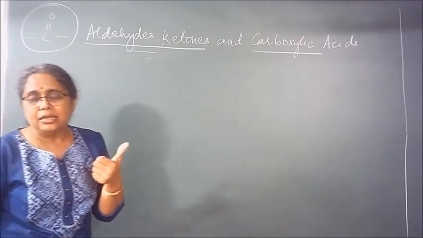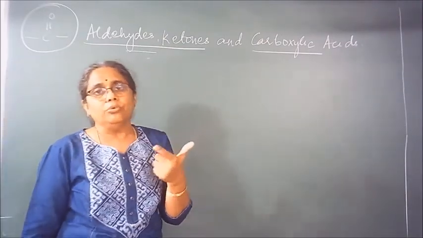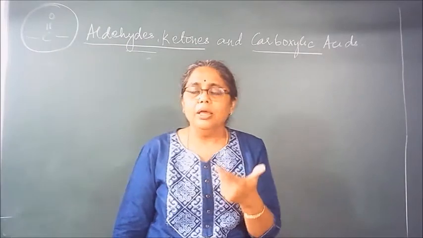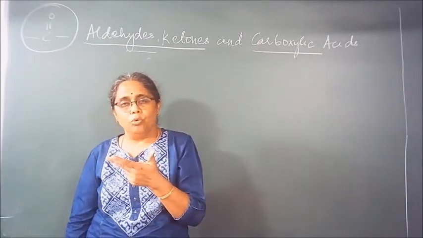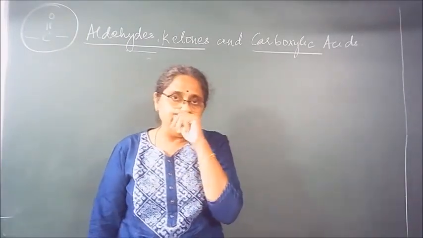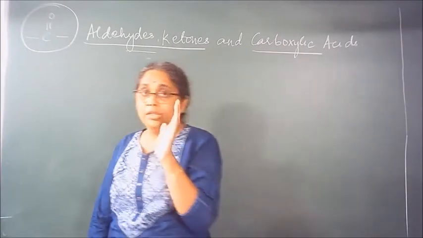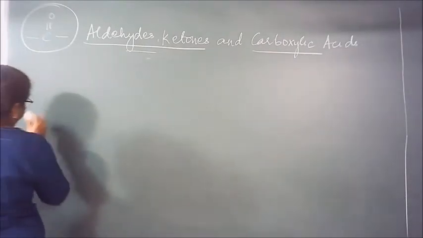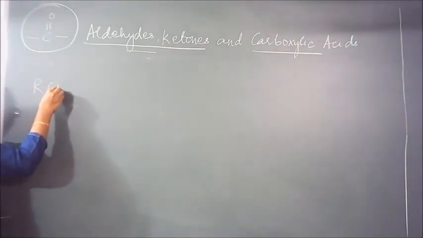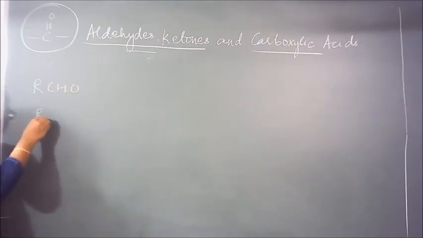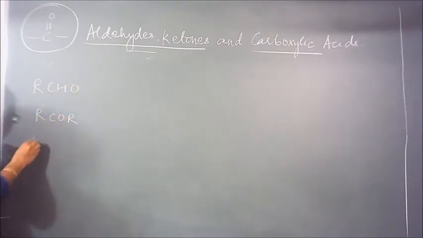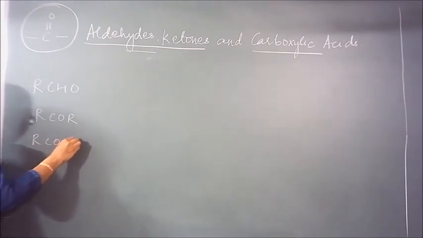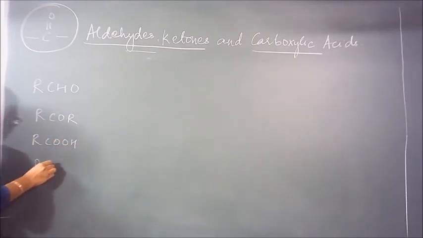We studied aldehyde is RCHO, ketone is RCOR, acid is RCOOH. We also studied acid halide as RCOX. I'm writing so that you really remember it, because this is what? Aldehyde, this is a ketone, this is an acid, this carboxylic acid or alkanoic acid.